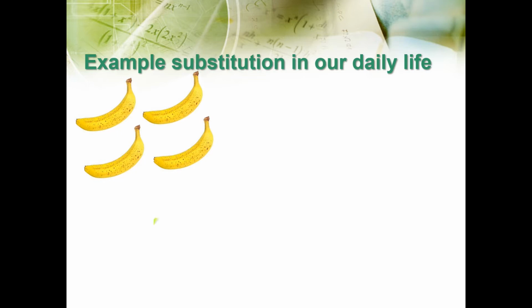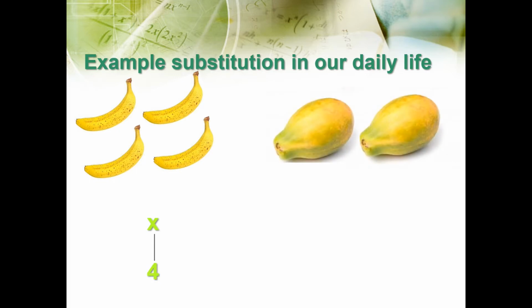If there are 4 bananas, and in this case X represents the number of bananas, we can fill X with 4. If there are 2 papayas, we can fill Y with 2, if we talk about the number of bananas or papayas. We do not talk about the price in this case.